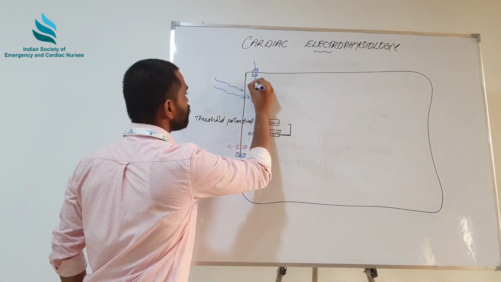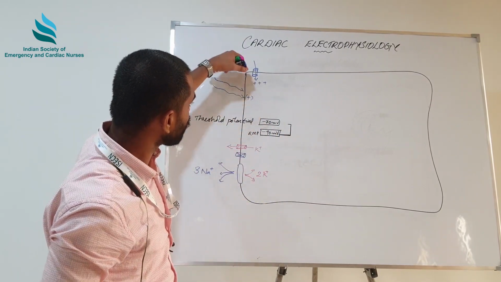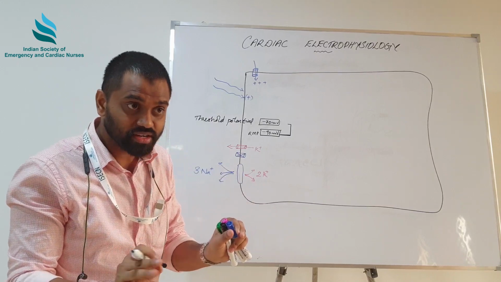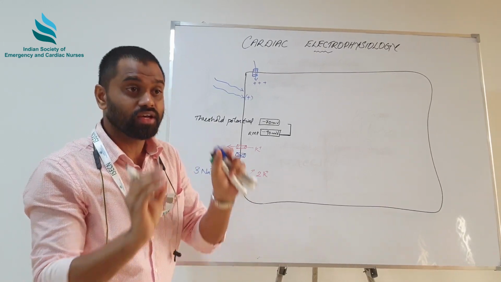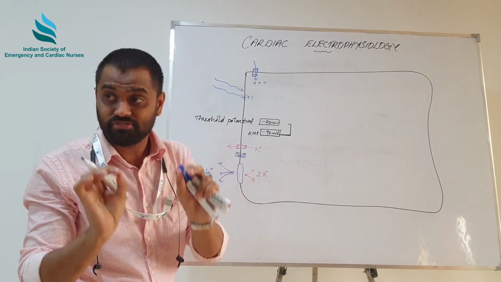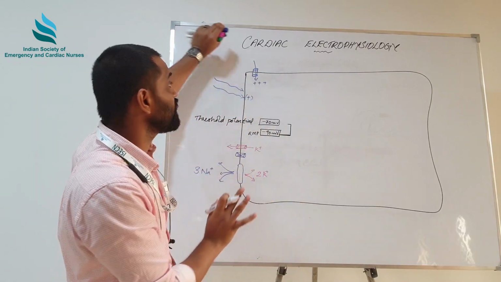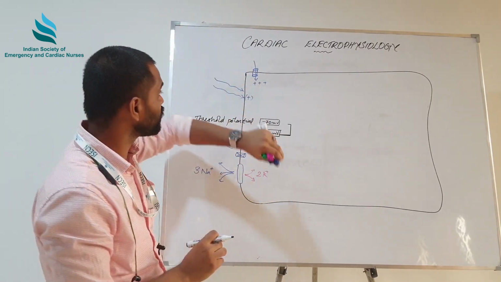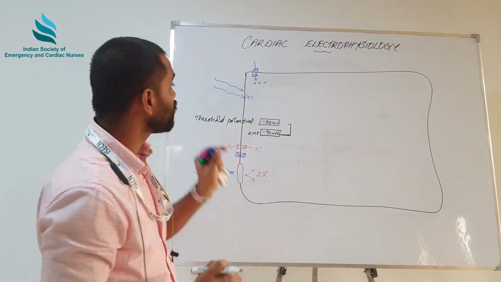These channels are open only for a very brief period, but because of the very high concentration gradient, as soon as the gates open, the cations flood into the intracellular compartment.